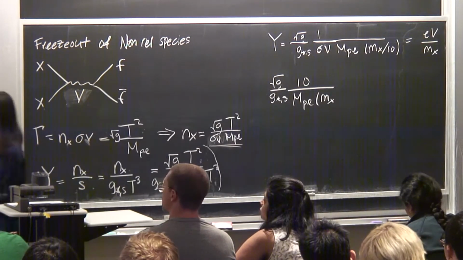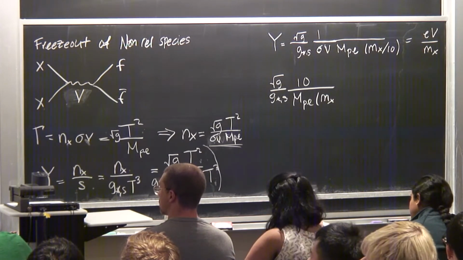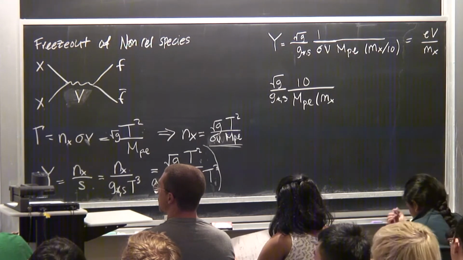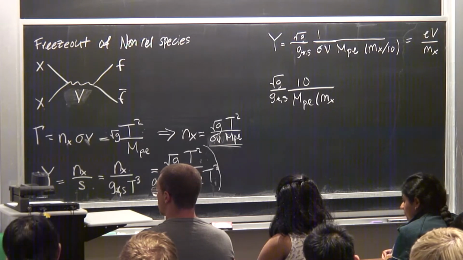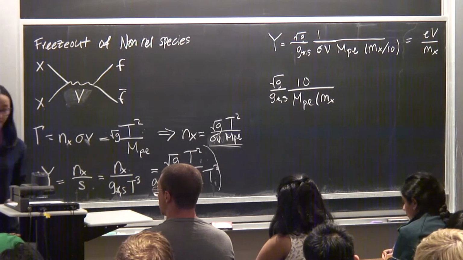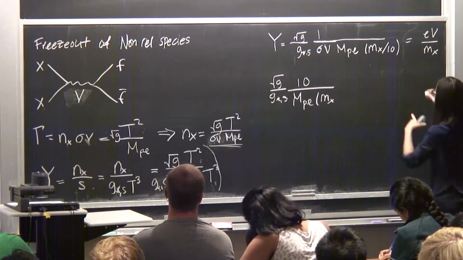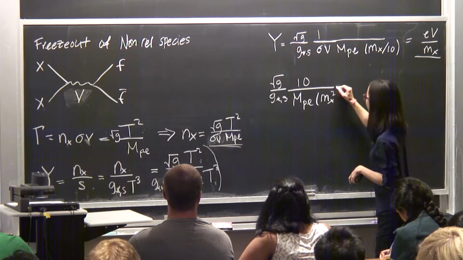That was completely general, saying that rho dark matter should be equal to whatever the freeze-out abundance is, scaled to today and multiplied by the mass. Yeah, that was for a dark matter candidate. So going back here, I set this equal to ρ_DM over m_x.